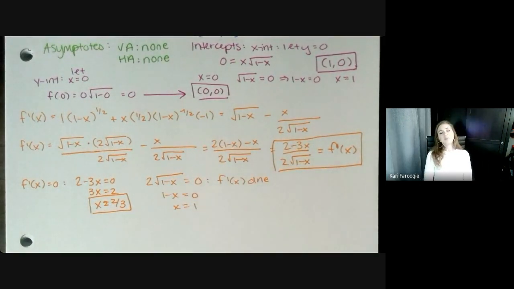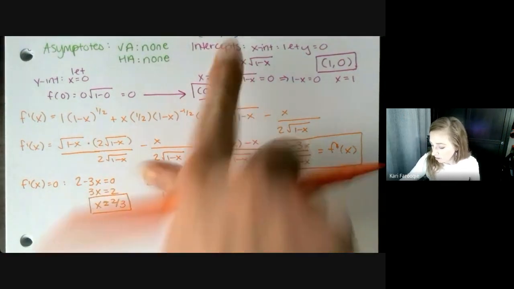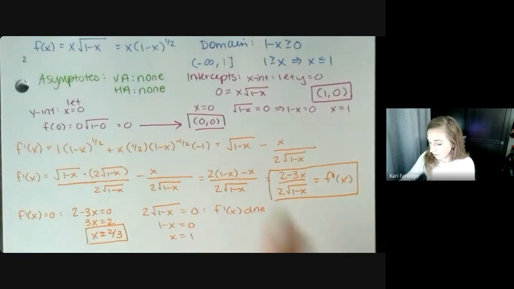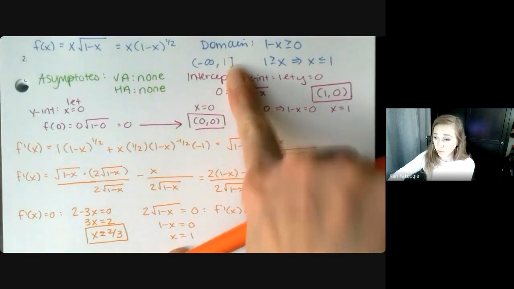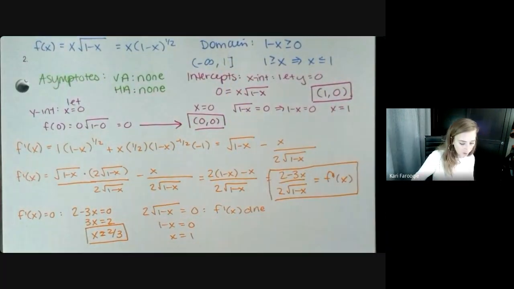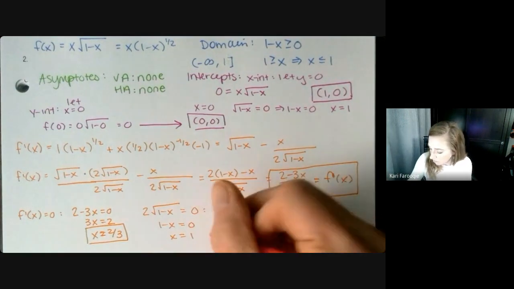Now, x equals 1 is an endpoint of the domain. Remember that you can't have a maximum or a minimum value if you can't create a neighborhood around that point. Because it's an endpoint of the domain, it's not actually going to be a critical number for us. So I'm going to go ahead and say that this is an endpoint.